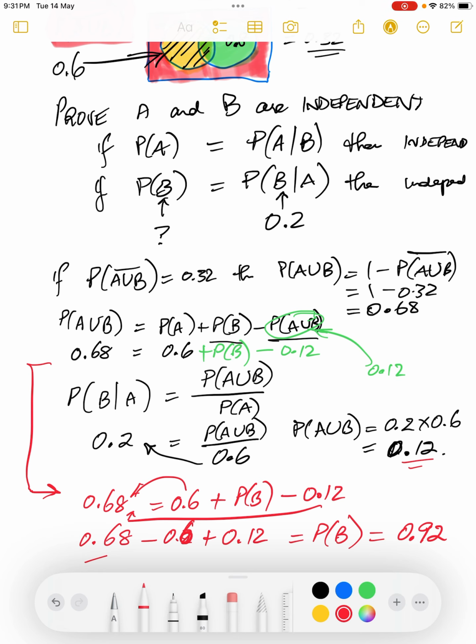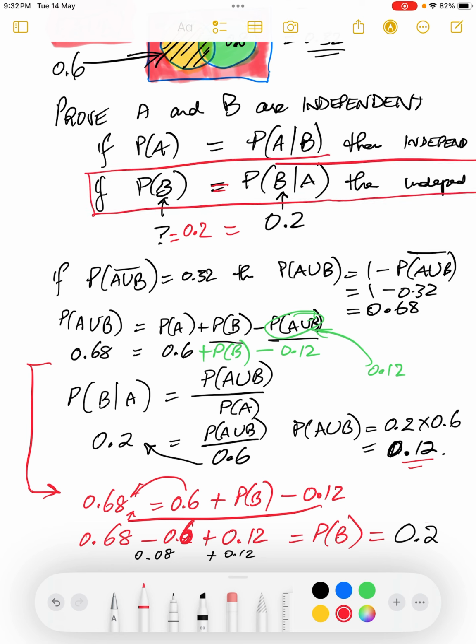All right, is that right? No, that's not correct. Let's put this in the calculator. 0.68 take away 0.6 is 0.08, plus 0.12, that's 0.2. Yes, the probability of B does in fact equal 0.2, and 0.2 does in fact equal 0.2, so this is true, therefore they are independent.